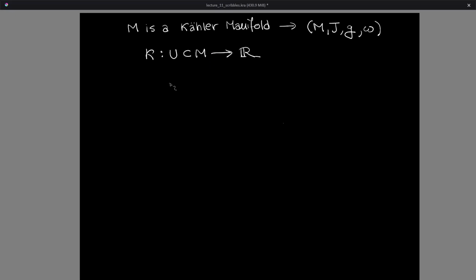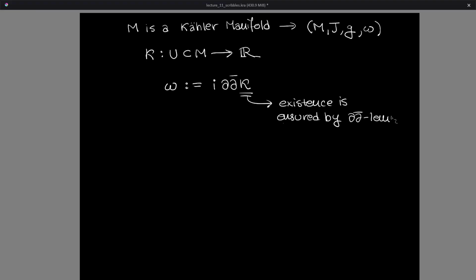This is going to be our Kähler potential. Take the symplectic form, and omega is defined to be i times partial partial bar of K. That's why we needed the partial bar lemma, because the existence of this is ensured.